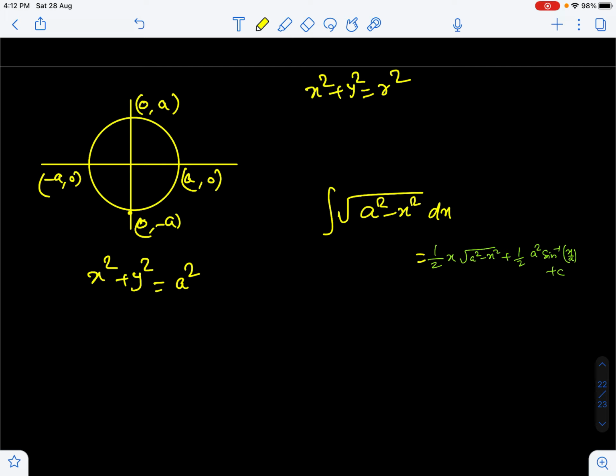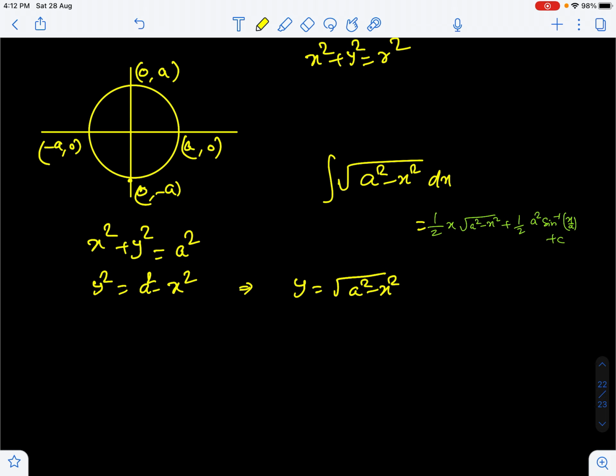Again we have to use the integration method, so a square minus x square is y square. So what I need to calculate is y, which is under root a square minus x square. Again I'll take a small strip here, and I'll take the integration of only one quadrant, this quadrant, and multiply it by 4.